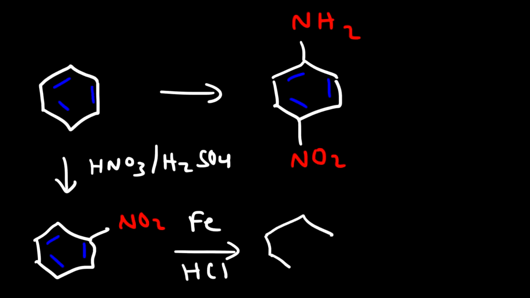So the NO2 group will be converted to NH2. Now what's our next step? Should we react this with another nitric acid? So by the way, this is the first step and this is the second step.